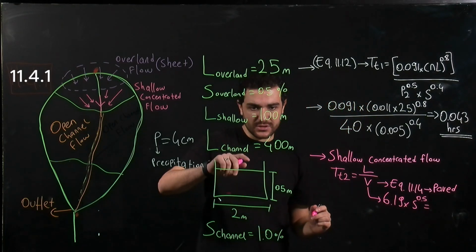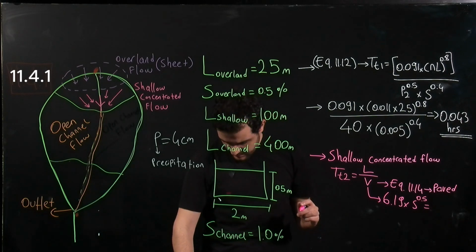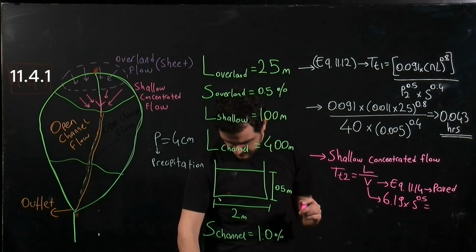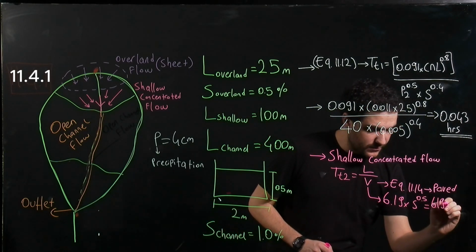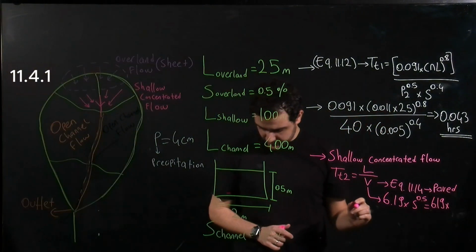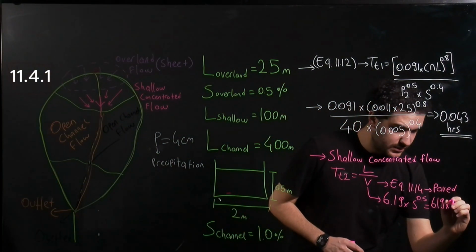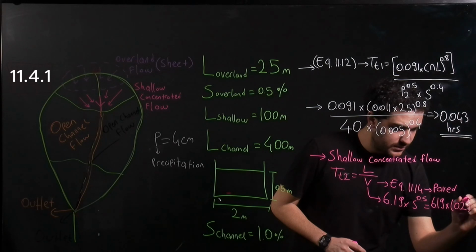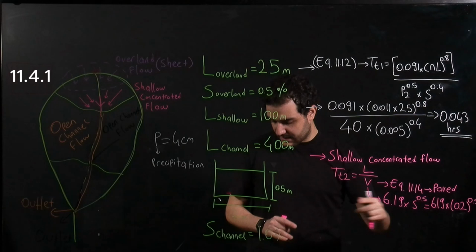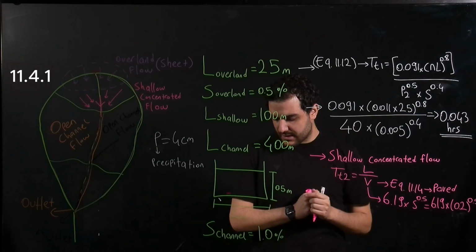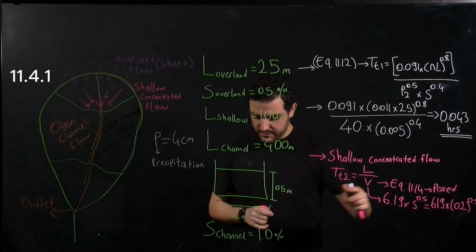So this is going to give, because we had 2 meters of drop in the elevation over 100 meters, the slope is 0.02.